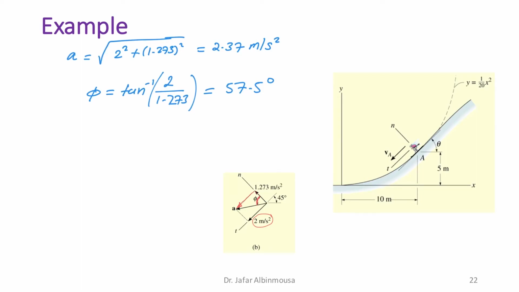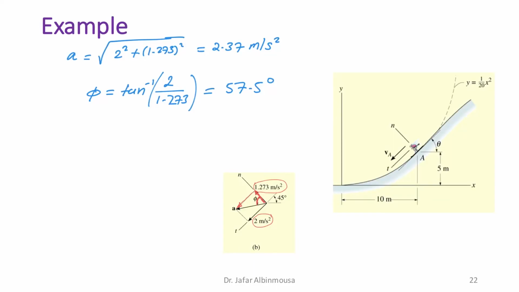The adjacent side is this one, which is 1.273. So this is why we say the tangent is the opposite divided by the adjacent, and then we calculated the angle. Now 57.5 is this angle.